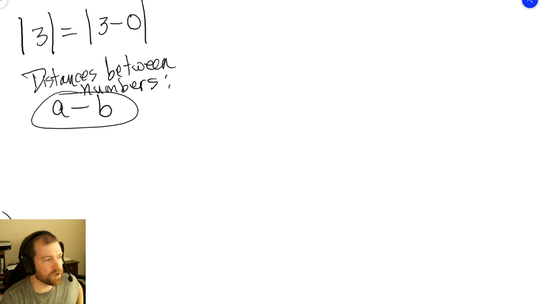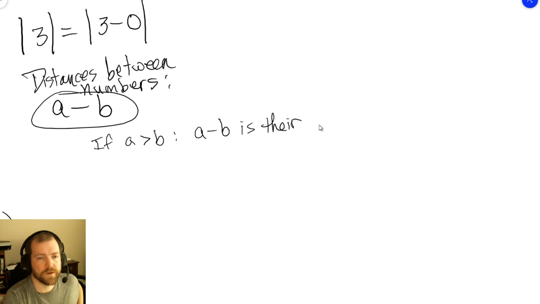So A and B are just going to be arbitrary numbers. Pick A, pick B to be some numbers that are off in space. Doesn't matter what they are. If A is bigger than B, then A minus B is their distance.